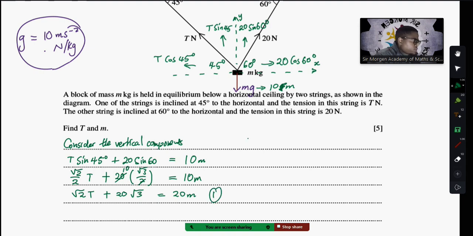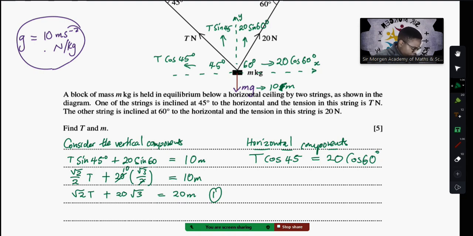Then the horizontal components. For the horizontal components, we only have those two balancing each other out. So T cos 45 is equal to 20 cos 60. Cos 60 is half, and cos 45 is root 2 over 2.